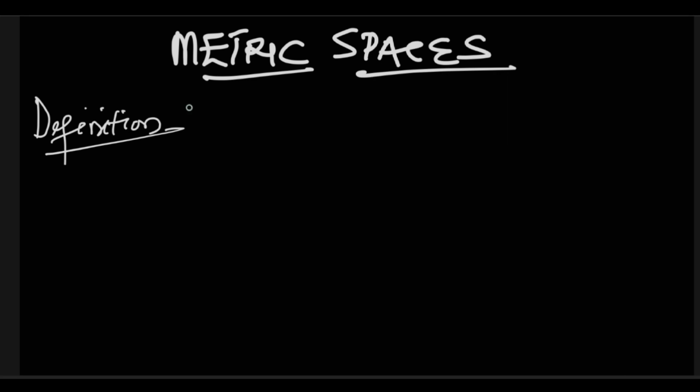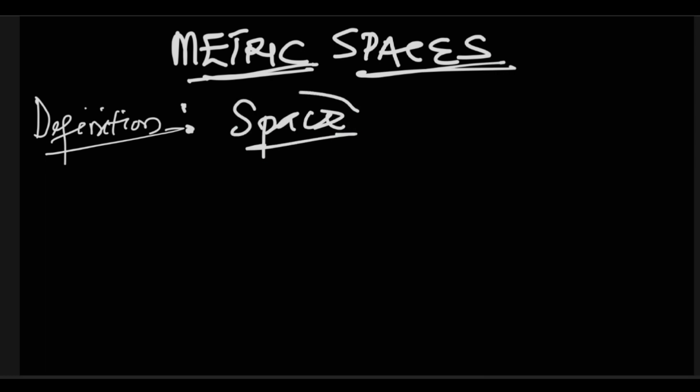All right, so we have two words here, metric and spaces. When we're talking about space, I just want you to think about empty space, and then there is a space, if you think of it that way.